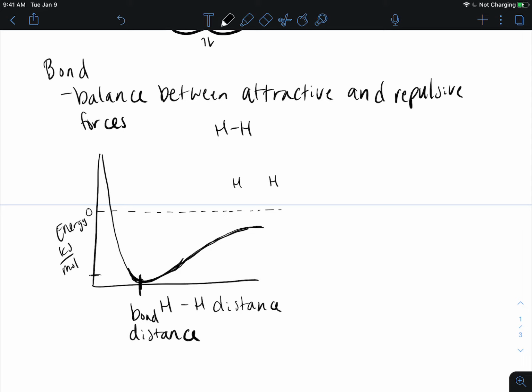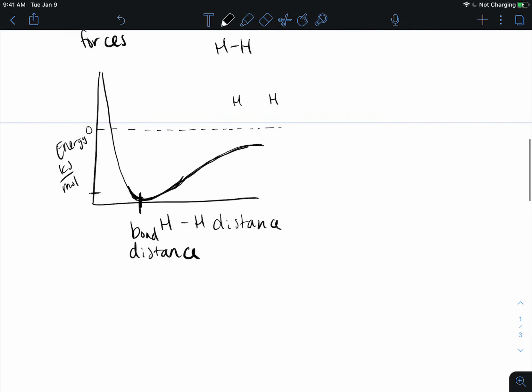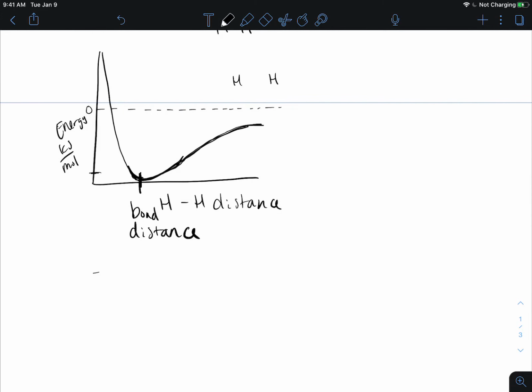So this is going to be a value that is going to be dependent upon attractive and repulsive forces. If we get our two nuclei closer together, there's going to be such great nuclear repulsive forces that it's going to rip the atom apart.